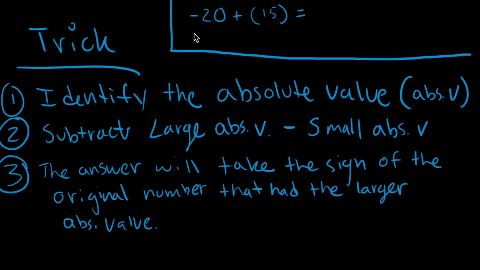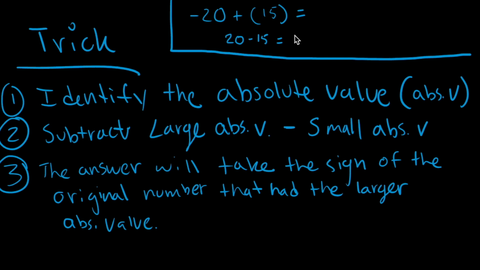You should know that negative 20 is the number. And then mentally just think, okay, the absolute value of negative 20 is 20, and the absolute value of 15 is 15. So you subtract 20 minus 15. That's the second step: subtract large absolute value minus small absolute value. So 20 minus 15. 20 is bigger than 15.